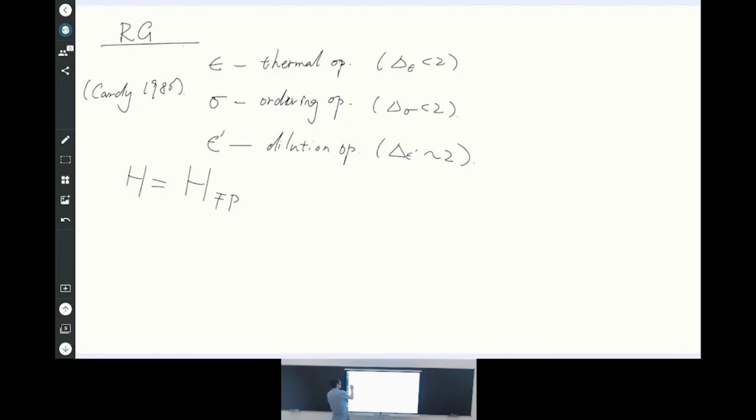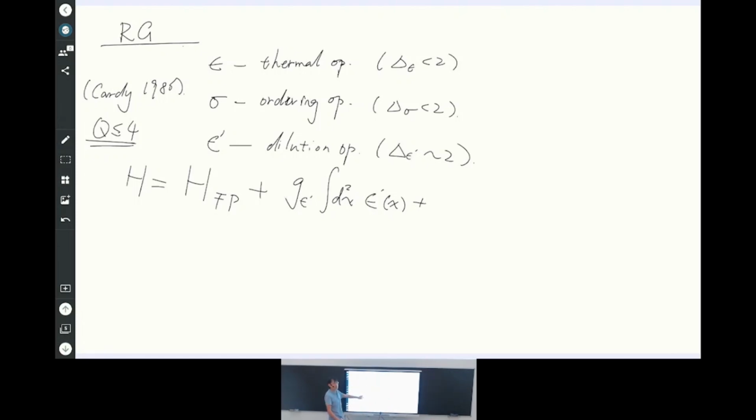In this case, we start with the Q less than or equal to 4 case, and study the continuous phase transition first. For a continuous phase transition, you can think of the effective theory as a fixed point under the influence of some irrelevant or marginal operator. You can think of it this way, with the epsilon operator. And you can also add this kind of operator, but we know that these two operators are relevant operators.